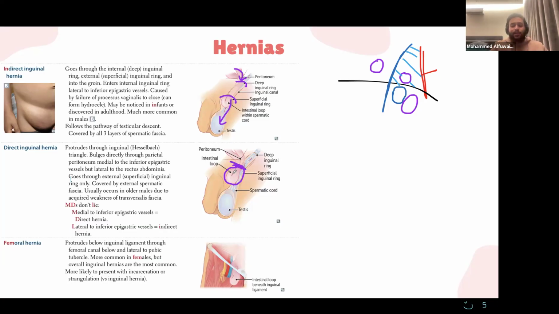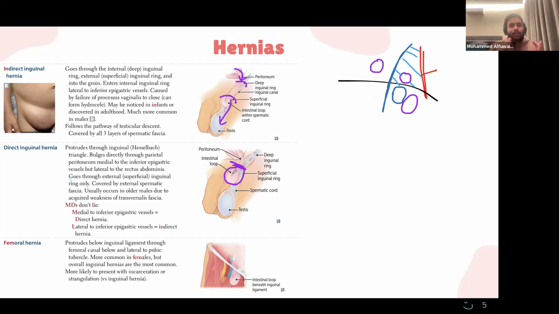If it can reduce, it is reproducible. If it can't move back and persistently herniates, it is incarcerated. If it causes GI obstruction, it is obstructed. If the blood supply is cut off, it is a strangulated hernia.